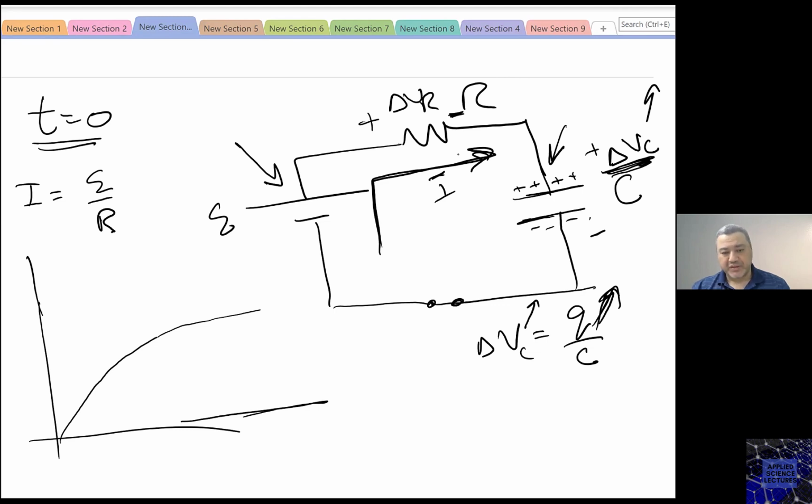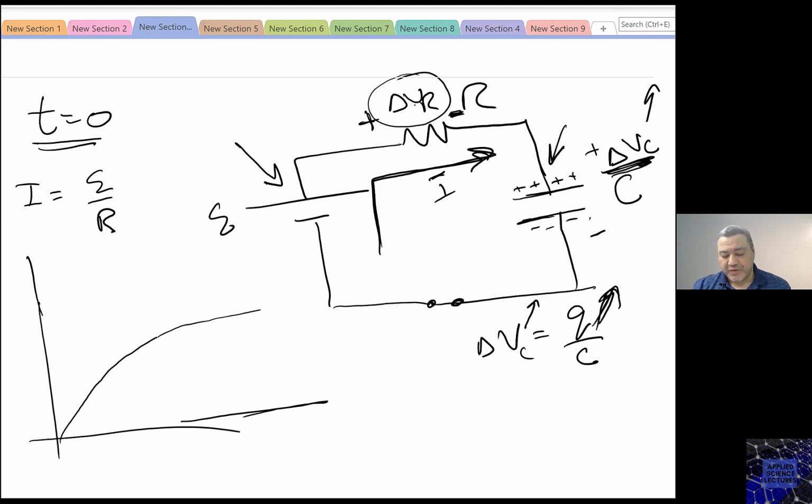Then what's going to happen is the following. The charges are building up in this capacitor. It will build up, and the delta VC will keep increasing, which means that the delta VR will now start to decrease.